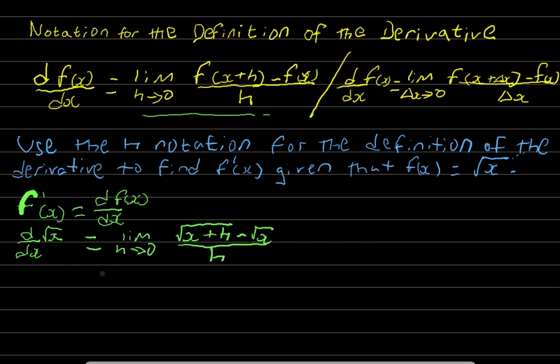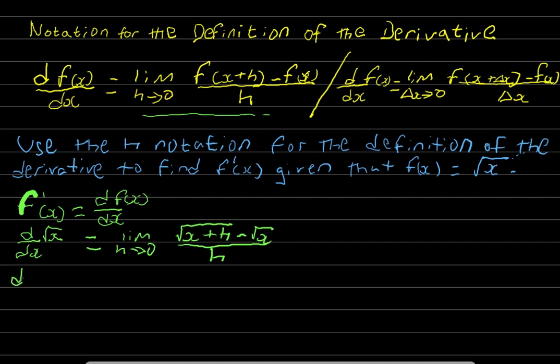Next, we need to find a way to get the h out of the denominator so we can let h approach 0. From this equation, we will use the conjugate of square root of x plus h minus the square root of x.